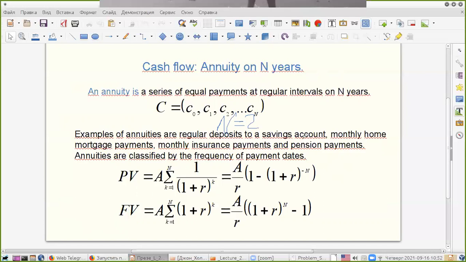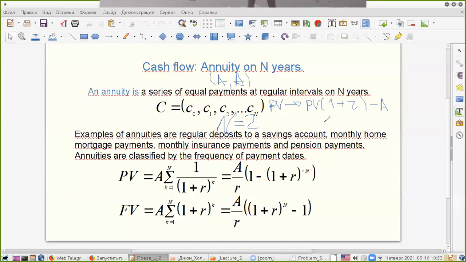Annuity on 2 years. So the present value at the beginning of the year, and at the end of the year, will be the present value multiplied by 1 plus r, and we subtract A, because n equal to 2 means that we have a stream A and A only on 2 years, and after these 2 years we want 0 on our account. So this is the first year.